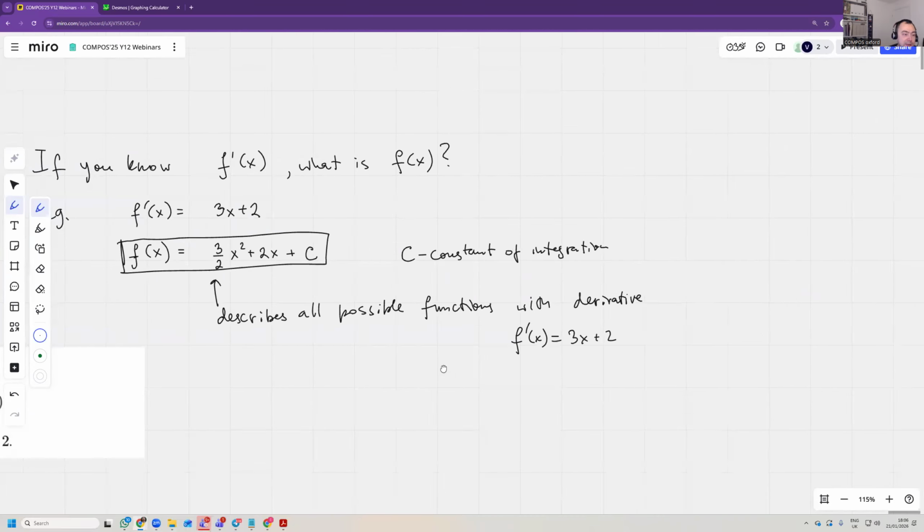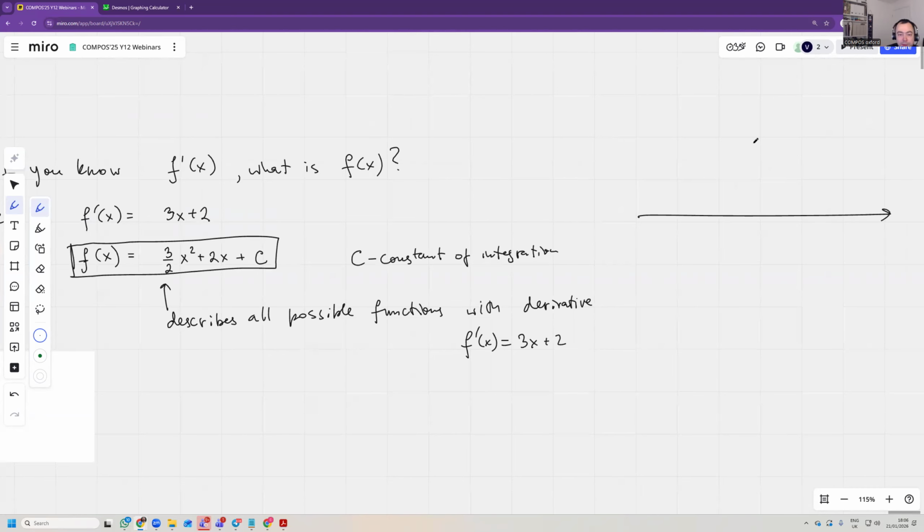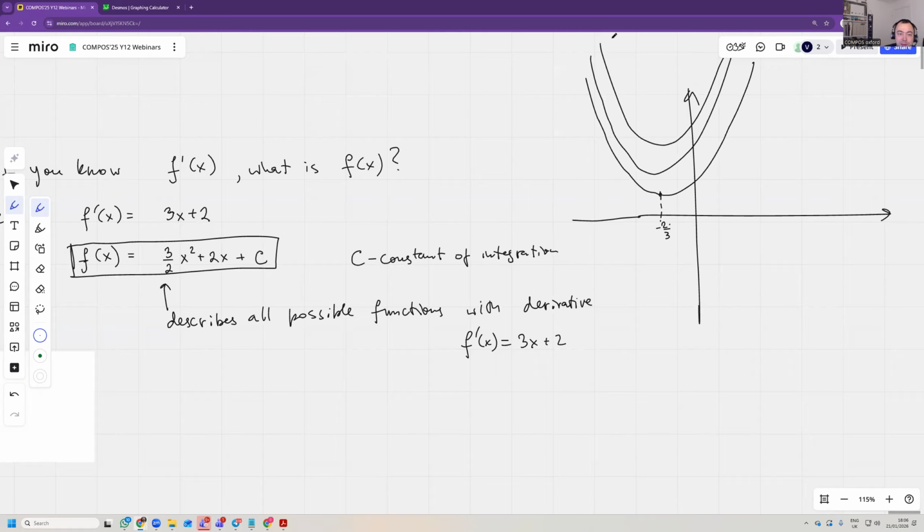And if you sketch that graph, it looks something like this. So 3/2 x squared plus 2x, with minimum at minus 2/3. So it's a series of parabolas for different values of c.